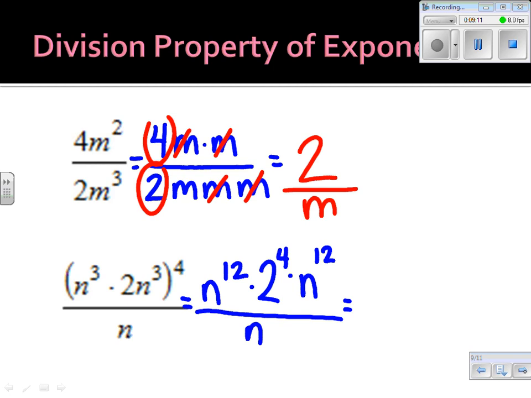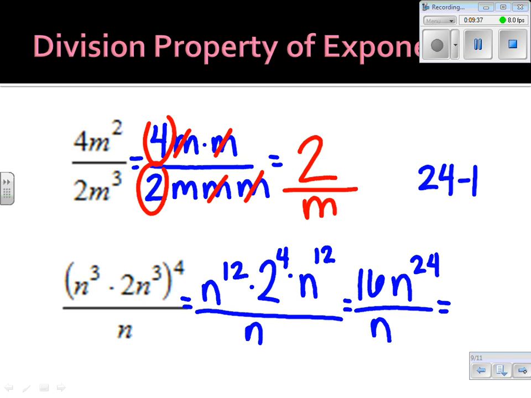To simplify the numerator, we have 2 to the 4th, or as we previously figured out, 16, and since we're multiplying n to the 12th power times n to the 12th power, we get n to the 24th, and we would divide that by n. Now we can use the division property of exponents to subtract 24 minus 1, and we know our answer will be 16 times n to the 23rd.